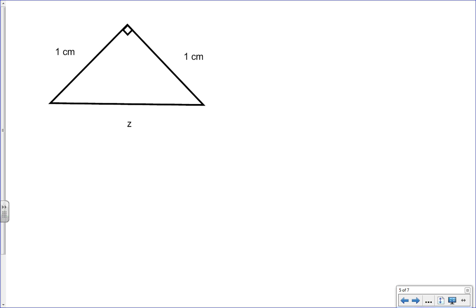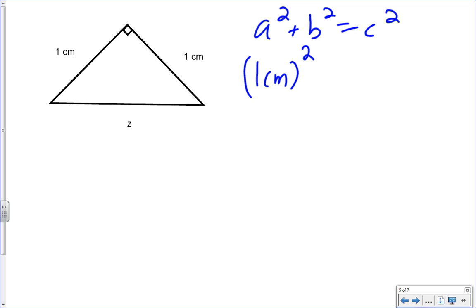So this one right here, we are missing the hypotenuse. So if we're going to do this, c squared is kind of what we're missing. So 1 centimeter squared, because you told me the legs can be either one, plus 1 centimeter squared equals, and in our problem, z, and I'll always do that with z's so it doesn't look like a 2, with that little line through it. All right.